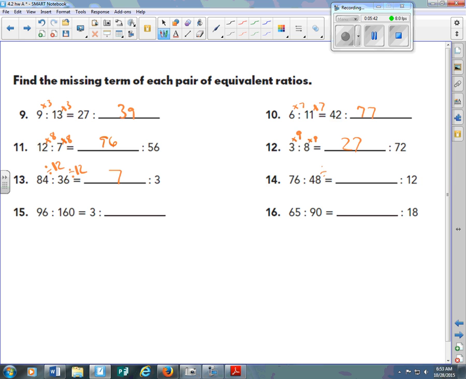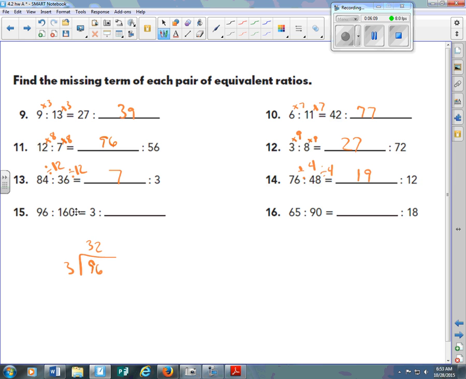48 divided by 4 gives you 12. 76 divided by 4 gives you 19. 96 divided by what number equals 3? Well, that one's rough, so I'm going to do that one down here. 96 divided by 3. 3 goes into 9 3 times. 3 goes into 6 twice.